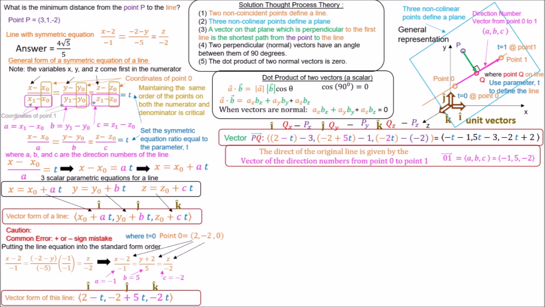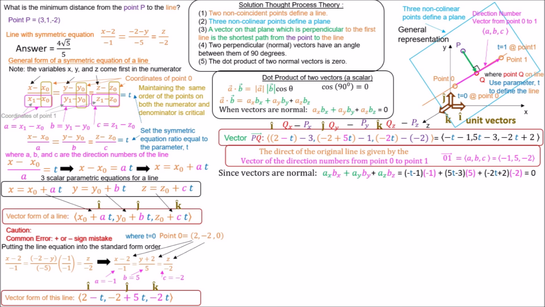In the j hat direction of vector 0, 1 is b, which is the y coordinate of 1 minus the y coordinate of 0, and the k hat term of this pink vector is the z coordinate of point 1 minus the z coordinate of point 0, which is also defined as c. And for this example, therefore, the i hat term is minus 1, the j hat term is 5, and the k hat term is minus 2.